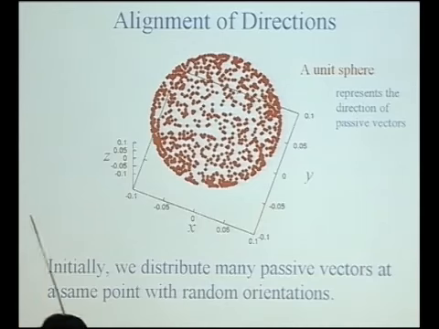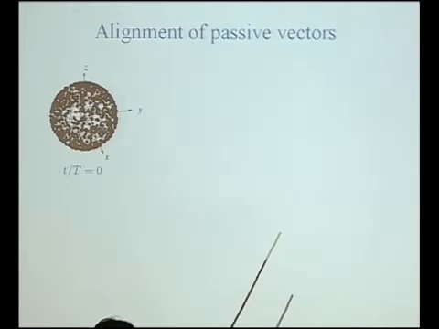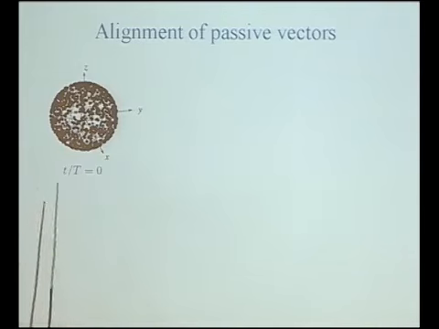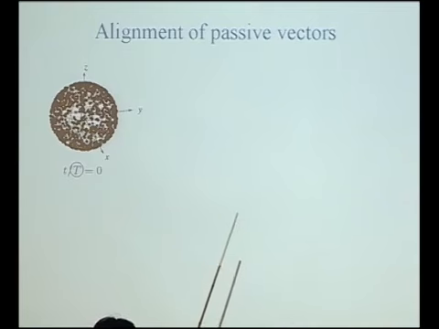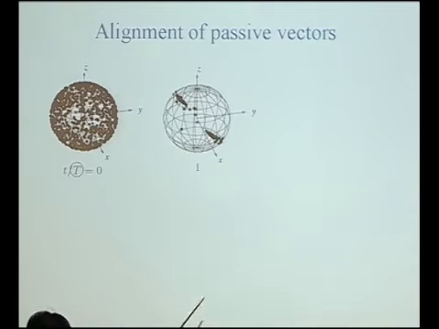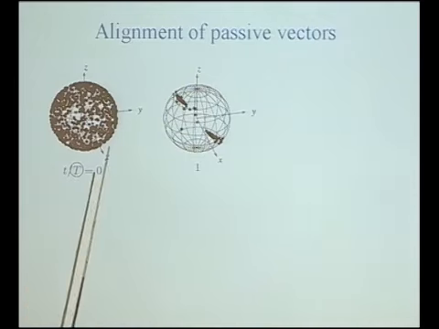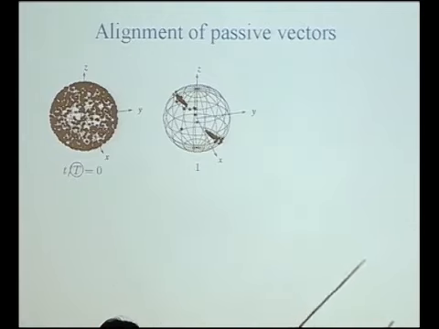In the simulation, we start with many passive vectors distributed at the same point with random orientations. This is an example of the time series of 1,000 passive vectors.